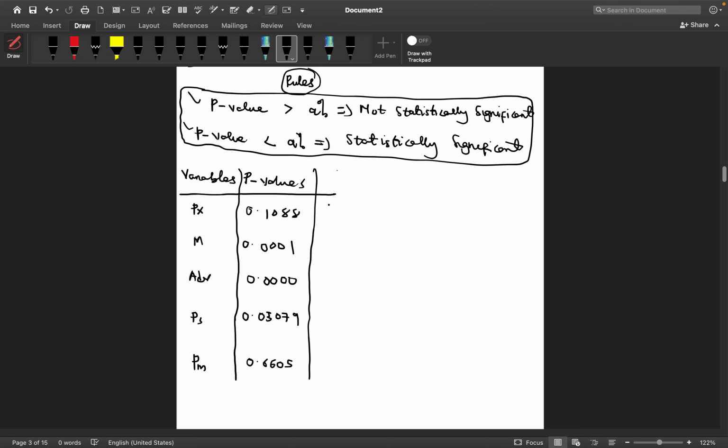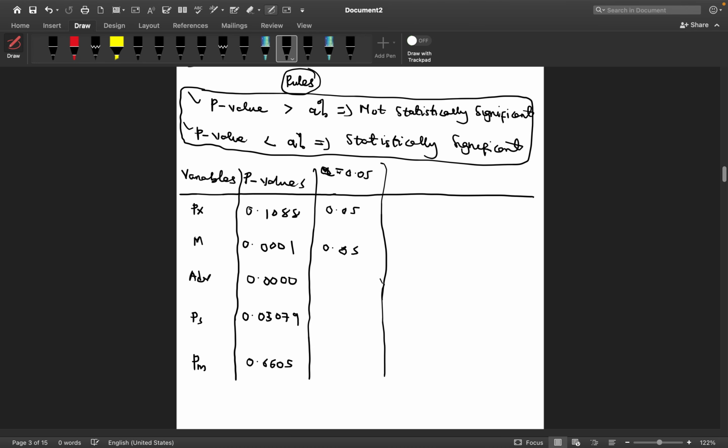Okay. So the next column is the level of significance, which is alpha. That's 0.05.